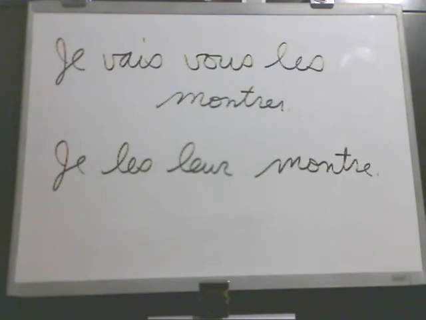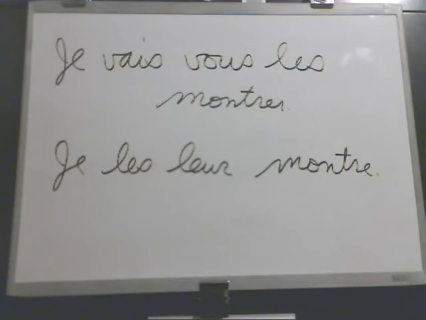Numéro 6. Est-ce que Monsieur Lebrun nous vend sa voiture? And our answer is no. Does Mr. Lebrun sell us his car? Or is he selling us his car? And we want to say no. He is not selling us it. He is not selling it to us.